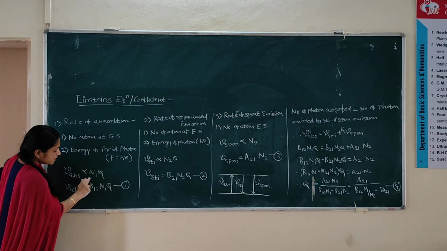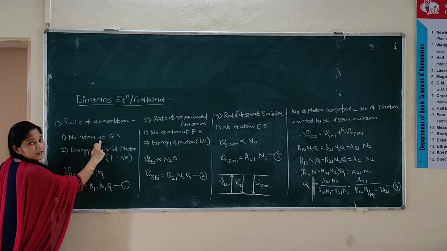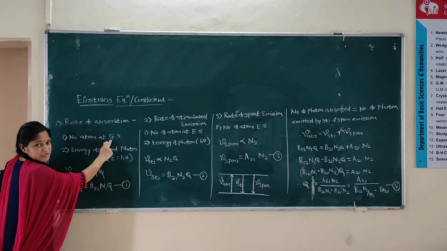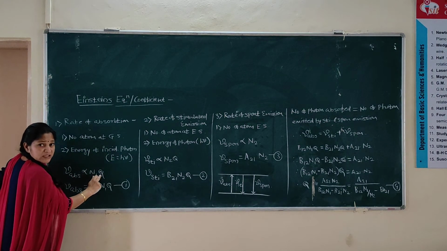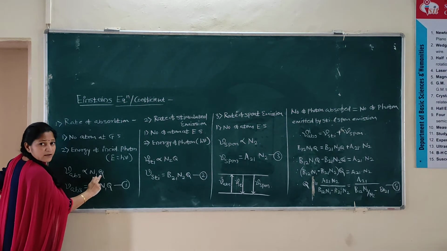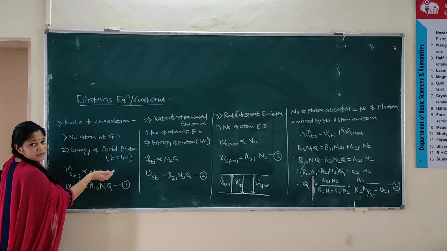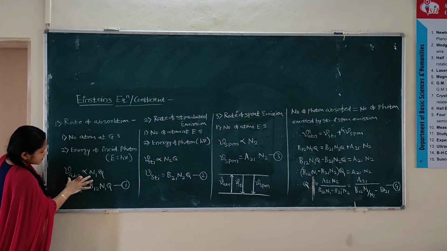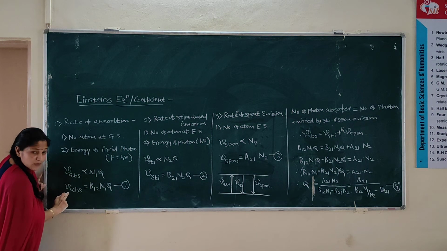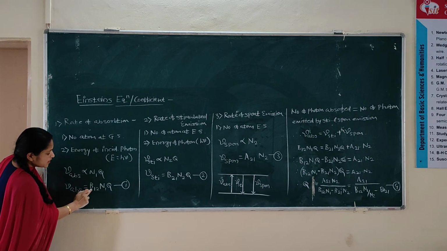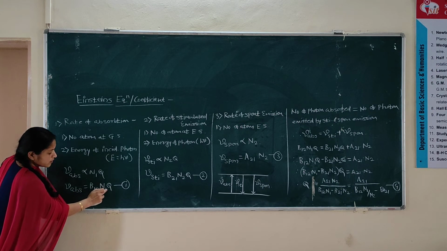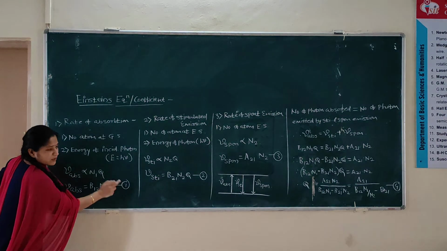Now N1 represents the number of atoms present in the ground state. Q indicates the energy required for the transition from lower energy to higher energy. And therefore we can write: gamma absorption is equal to B12 into N1 into Q. Equation number 1.